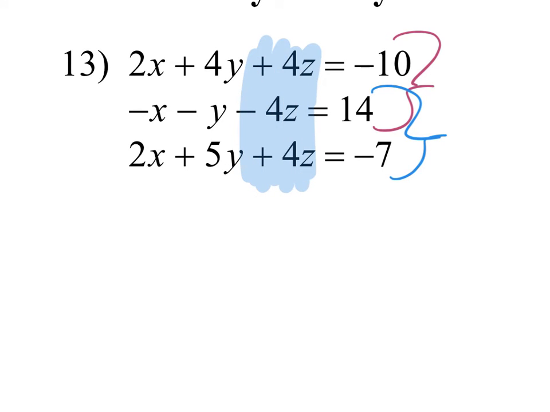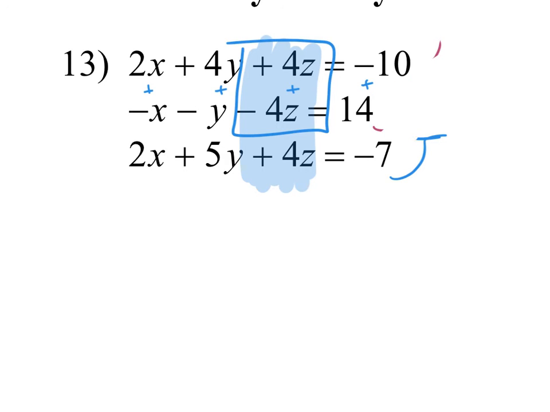So our goal is to eliminate the z. We already have a positive 4 and a negative 4 here. So we can just go ahead and combine our first two equations. So what's 2x minus x? Positive x.